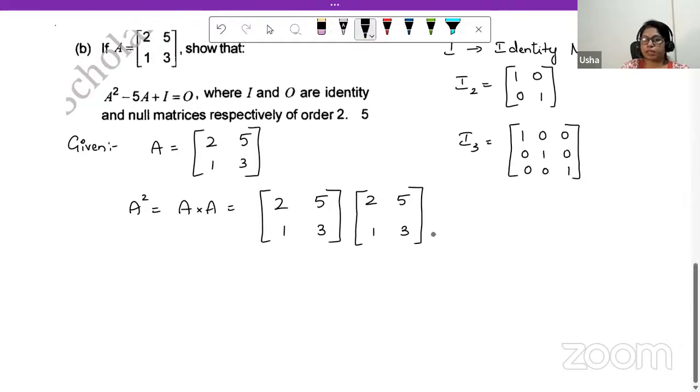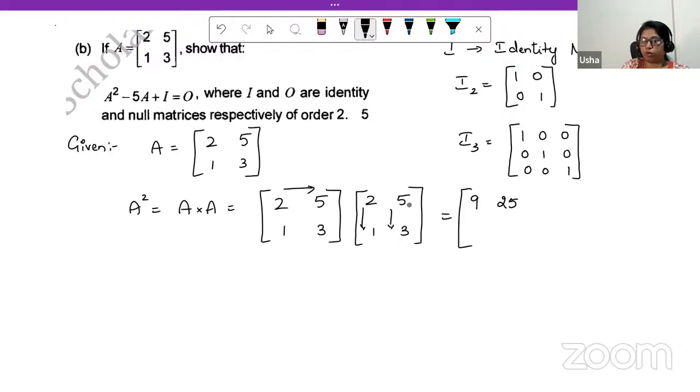Now multiply these two and write the answer. You should multiply first row with first column and second column. 2 into 2 is 4, plus 5 into 1 is 5. So 4 plus 5 is 9. Then 2 into 5 is 10, plus 5 into 3 is 15. 10 plus 15 is 25.